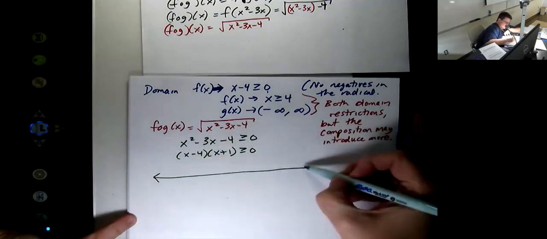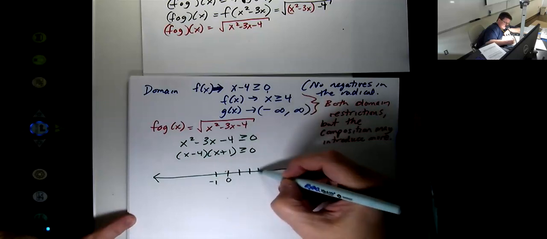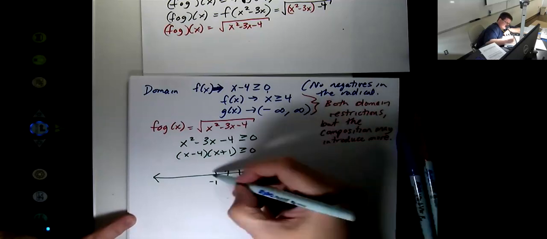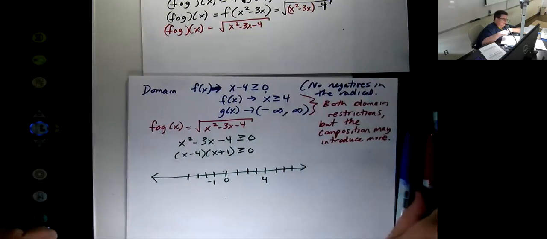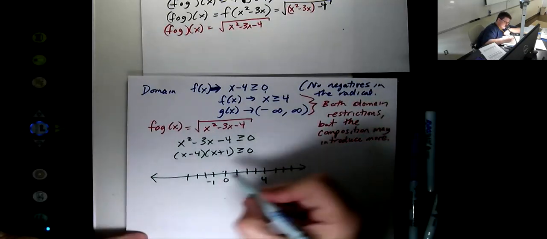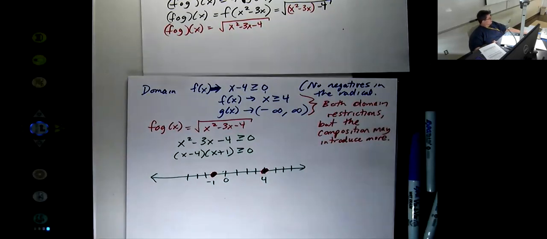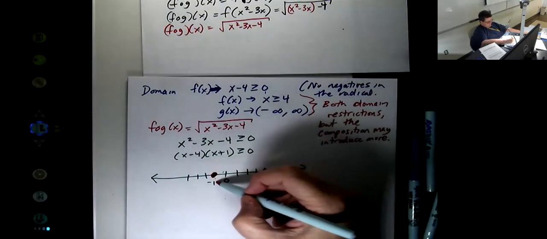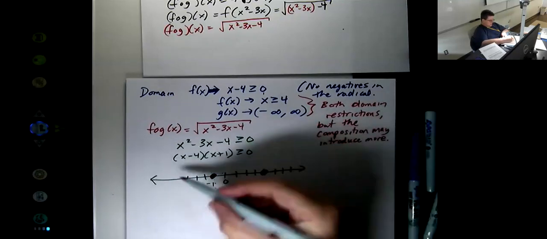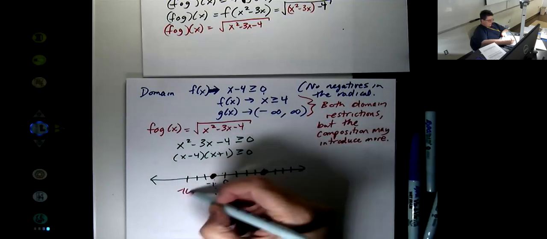So if we do a little number line, we can see where that is. We got a solid point at -1 and a solid point at 4. And then we check our points. Let's try 0. We'll try like -10 and +10.